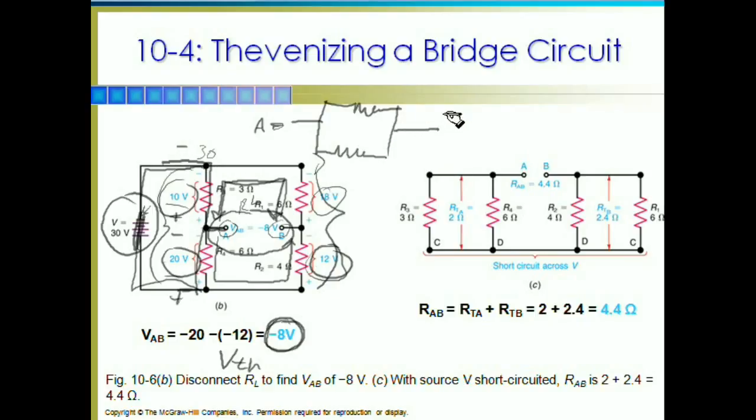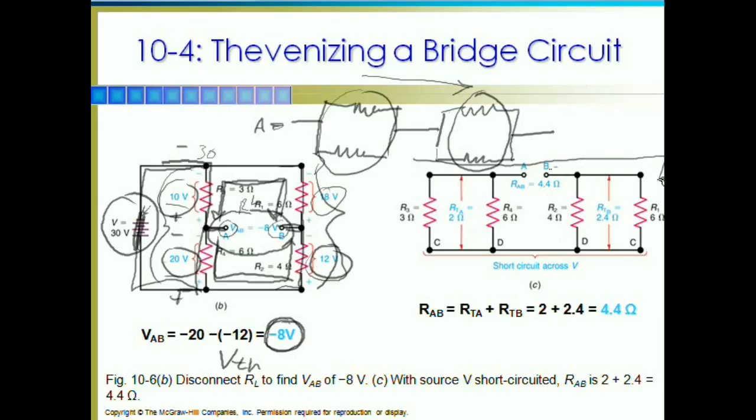And then over here we're joined there, and we are joined here, point B. So that path there back into B. So I have two parallel networks in series from point A to B, and that's what they've drawn here, just in a different way.